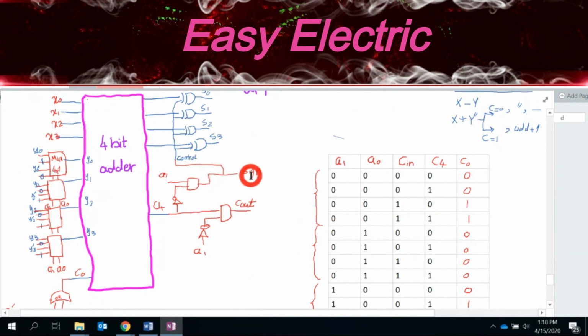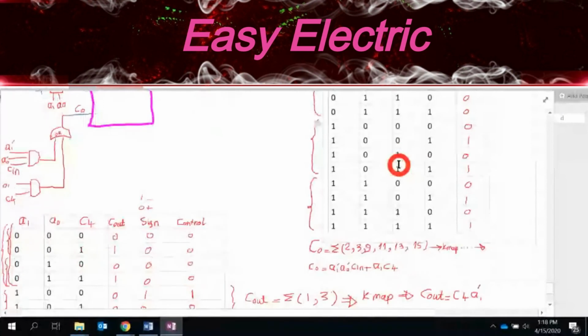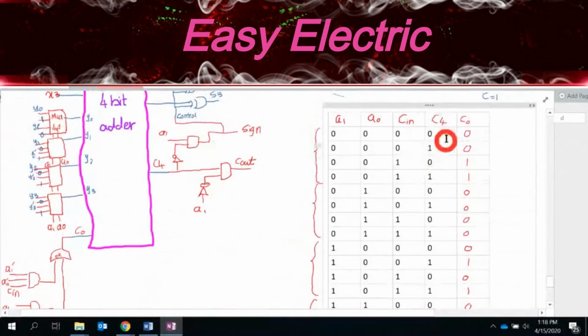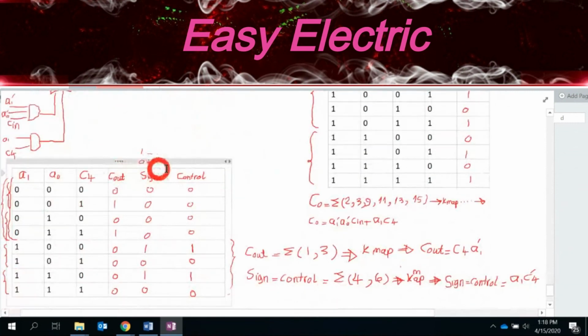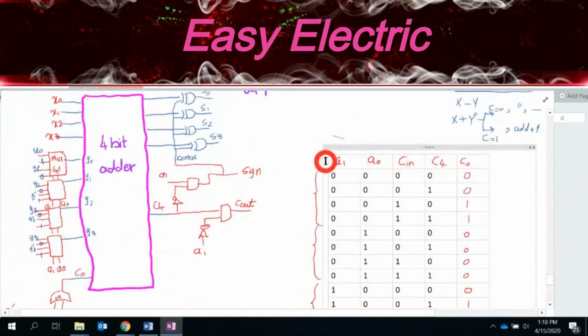And for the sign and cout and the control, we just design 4 combinational circuits. We figure out, okay, we need the sign. We consider that as a function and say which variables it is related to, okay? So sign, cout, and the control are related to A0, A1, and C4, and C0 is related to A1, A0, C, and C4.